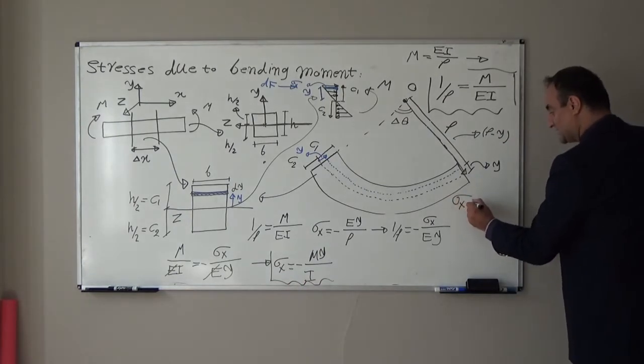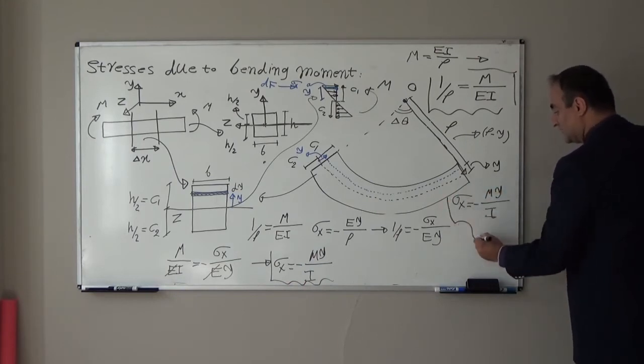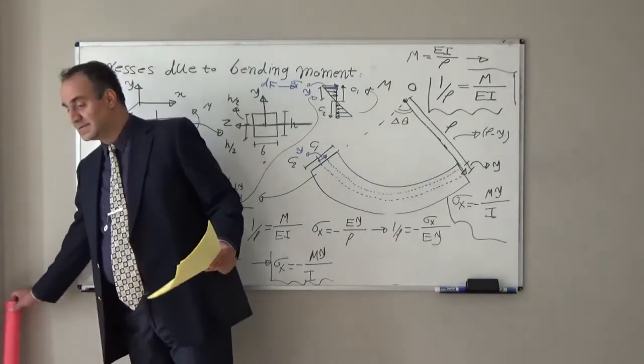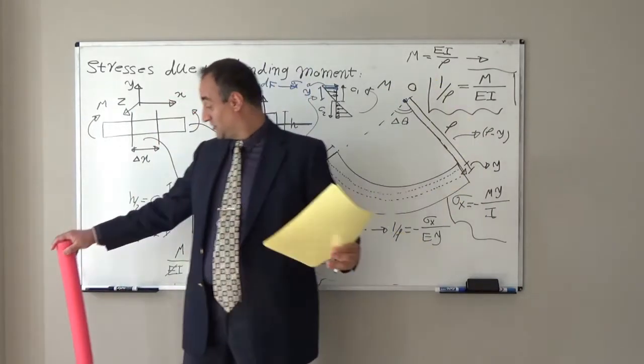Sigma x is equal to negative M y over I. If M is positive, the moment will cause tension underneath of the beam like this.